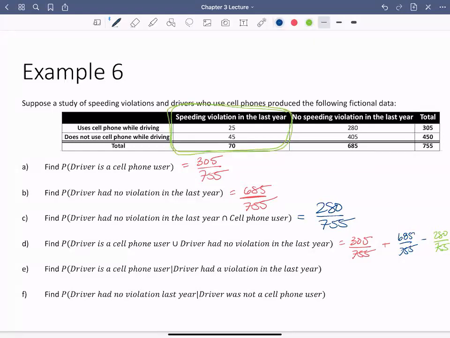And if I'm looking at this row, I shouldn't even go all the way across. I should only look at this one or this one. So the 25 is what intersects it. So here it is 25, but instead of being 755, it's the total of my given, which is 70. So it's 25 over 70. Our sample space is reduced to the people who only had a violation. That's what it says, given they had a violation last year.